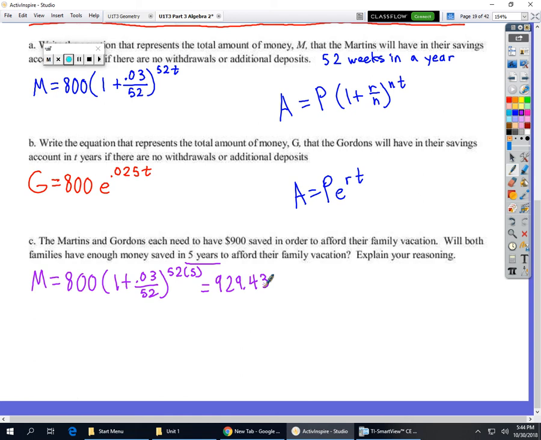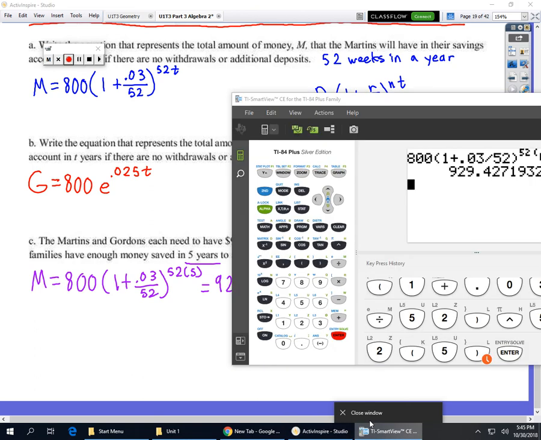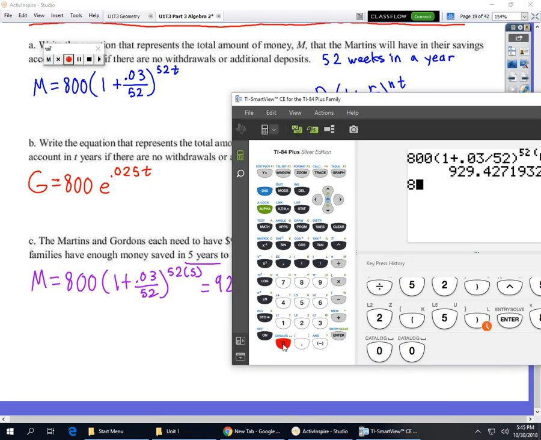What about the Gordons, the other family? G equals 800 e to the 0.025. Instead of t, we're putting 5, because this is 5 years. Right? 800 second e to the 0.025 parentheses 5.